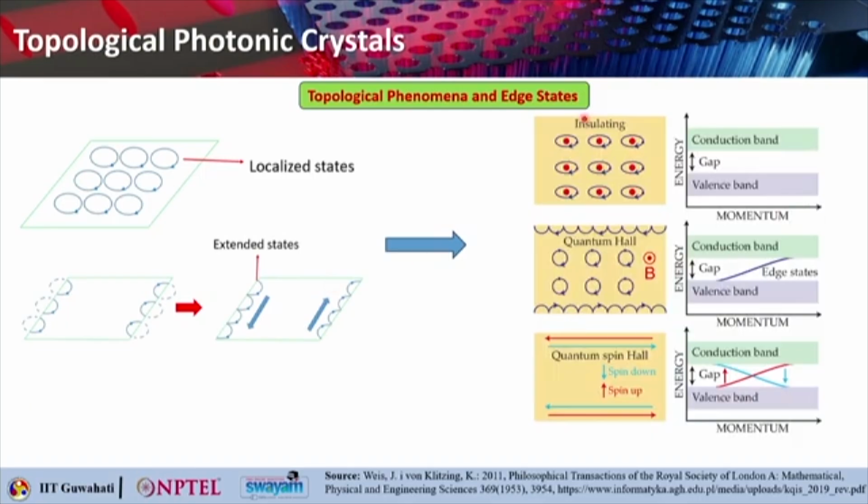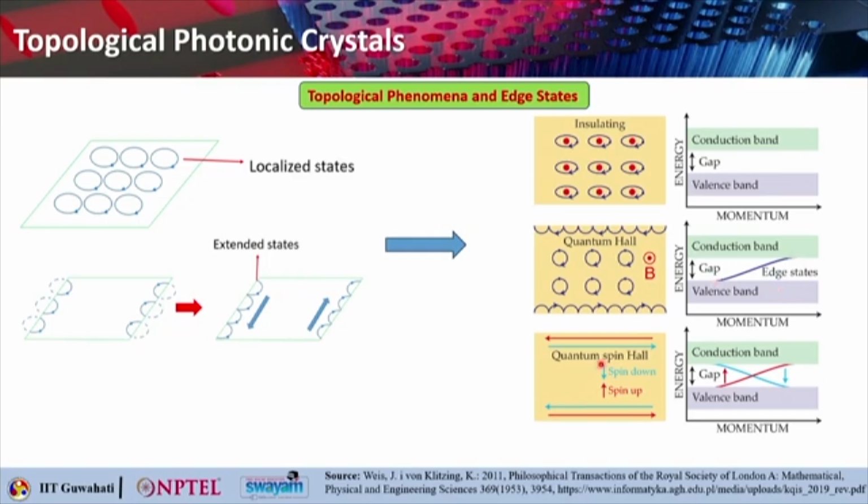So, this is how the band diagram will also look. This is for the normal case of an insulating material. Here you see there is a band gap, and these are the center points of the axis. You can also see the quantum Hall effect giving rise to the edge states which are marked here.